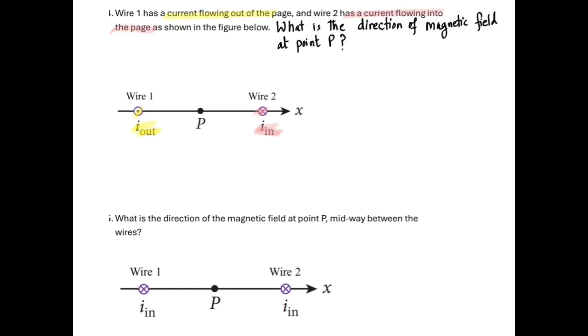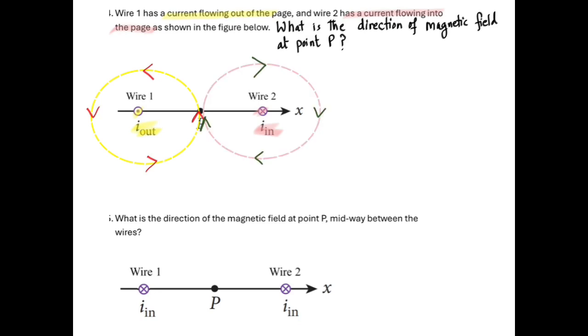We are going to use the right hand grip rule to find the direction of magnetic field. You know that magnetic field lines would be circular around the wire. For wire 1, it would look like this. If you point your thumb out in the direction of the current, the fingers will curl in anti-clockwise direction as shown in the diagram.